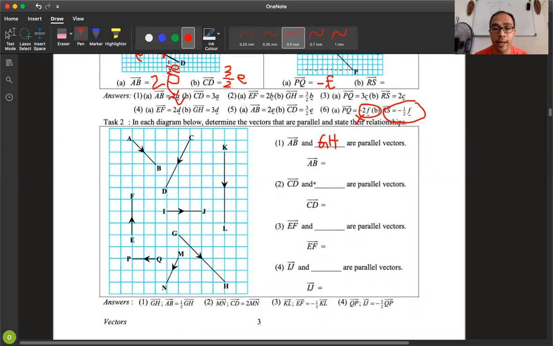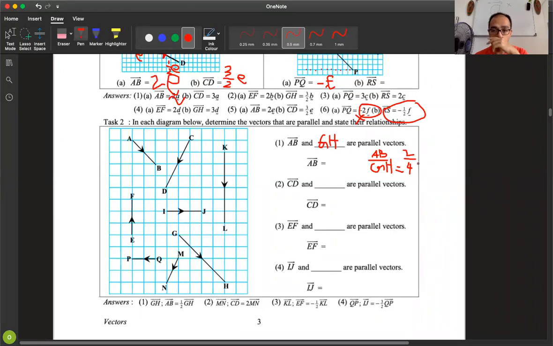So if you want to write this properly, I will write it like this. AB is 2, and GH, sorry for my handwriting, GH is 4. And I'm going to put a divide over here. Oh no. Okay, so 2 over 4.